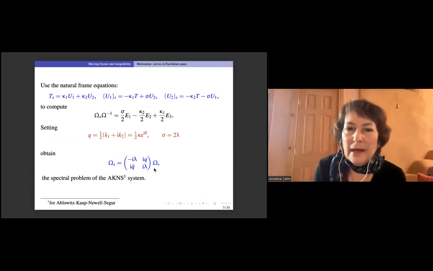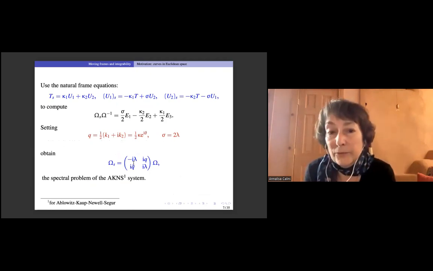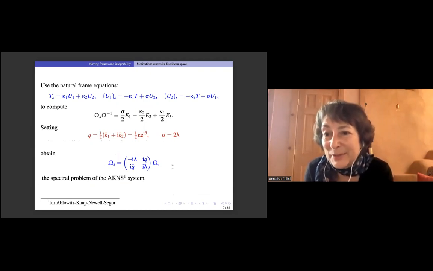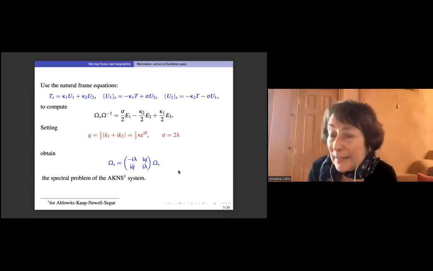There is a way to reconstruct a curve from a fundamental solution matrix of this system. I skipped this part because it would take me a little bit of time. But given a fundamental solution matrix of the system, you can actually reconstruct an evolving curve in your Lie algebra.